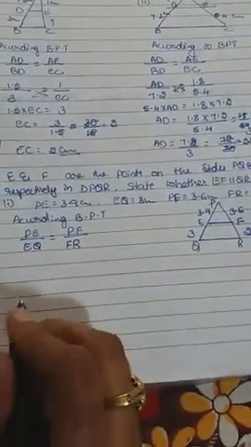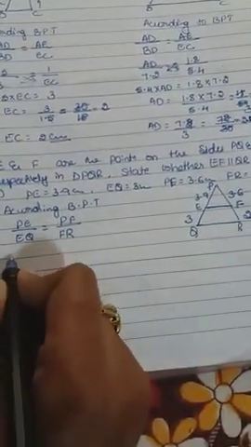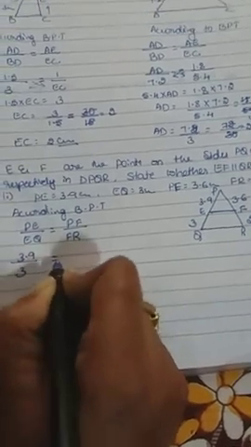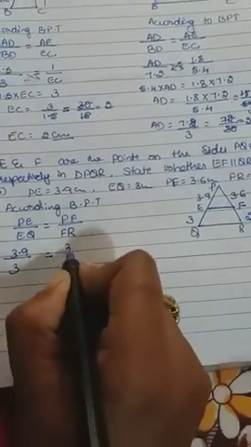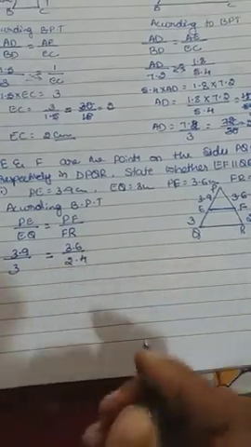Let us substitute the values: PE equals 3.9 and EQ is 3, that equals the second one, PF is 3.6 divided by 2.4.